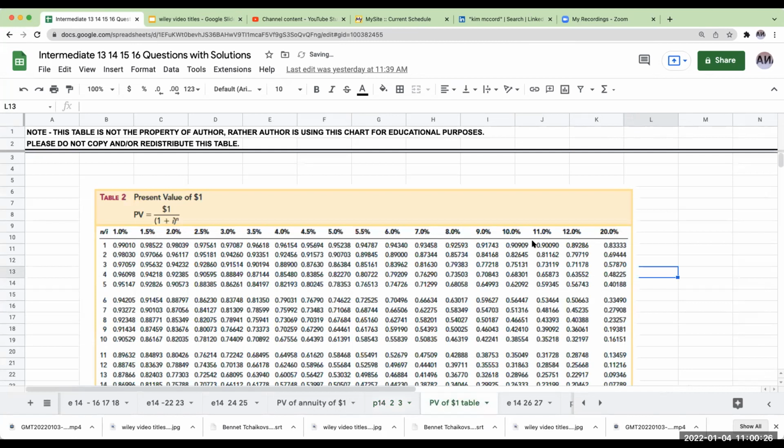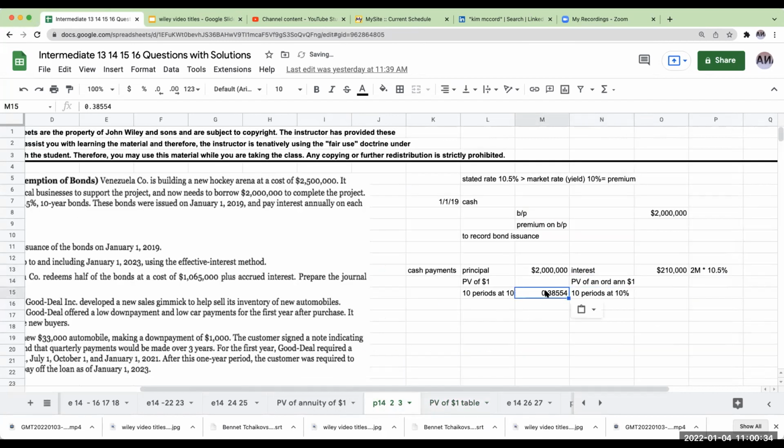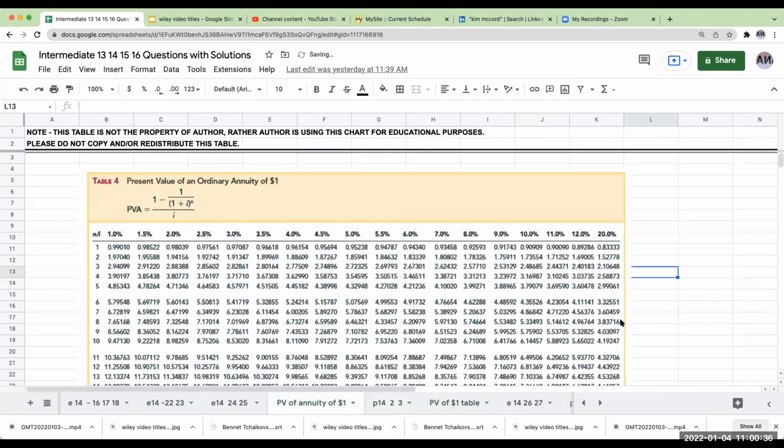So 10 periods at 10% is 0.38554. The present value of an annuity of $1, 10 periods at 10% is 6.14457.